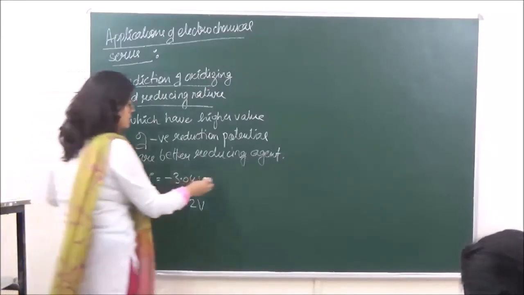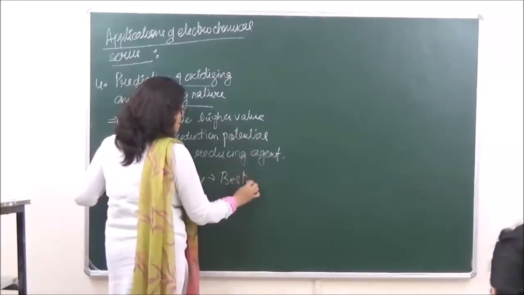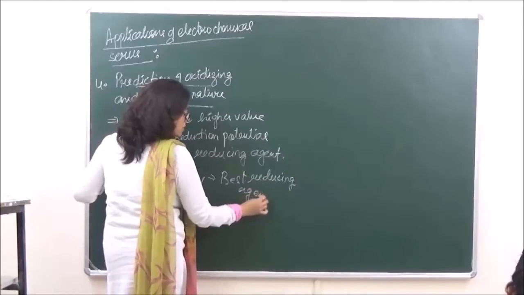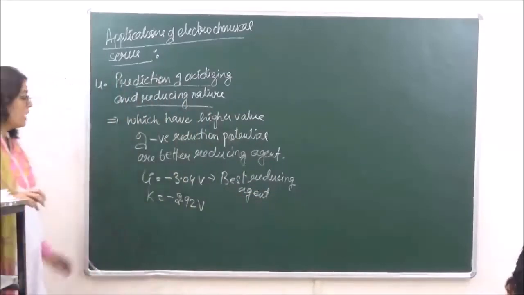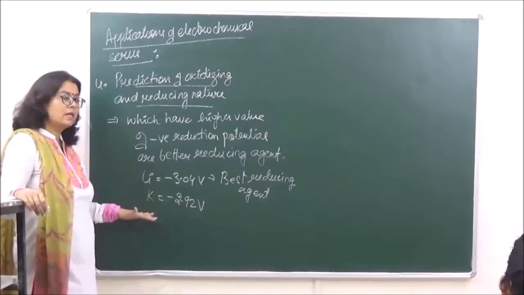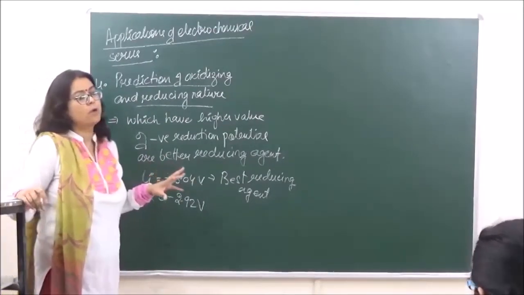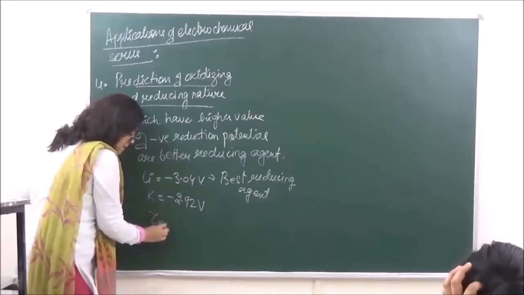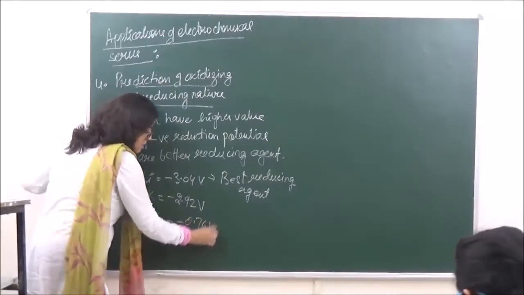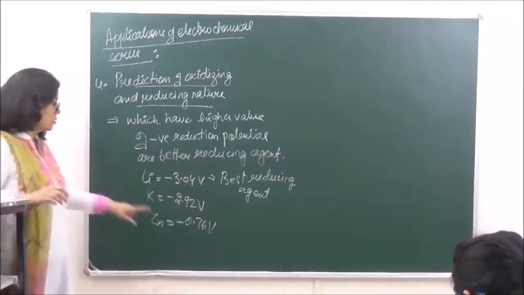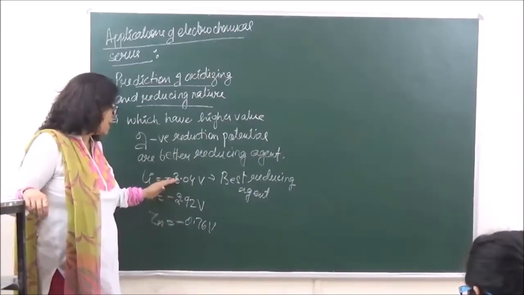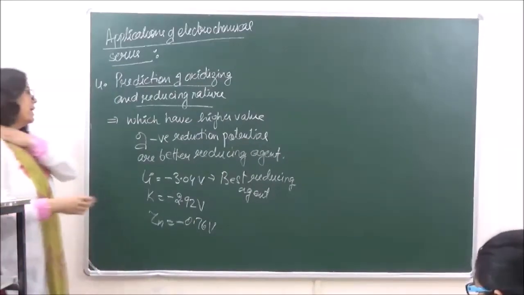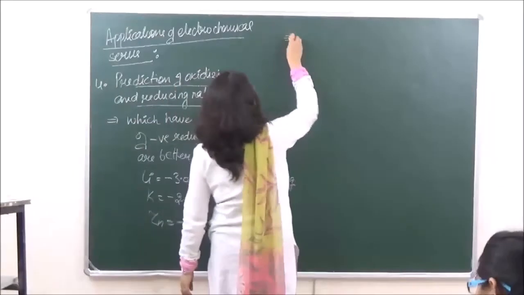In fact, lithium is the best reducing agent. As the negative values keep on decreasing, the reducing power will also keep on decreasing. So if we are comparing potassium with zinc, minus 0.76 volts, both of these are going to be better reducing agents than zinc. Have you understood?